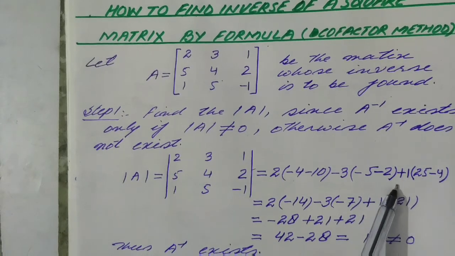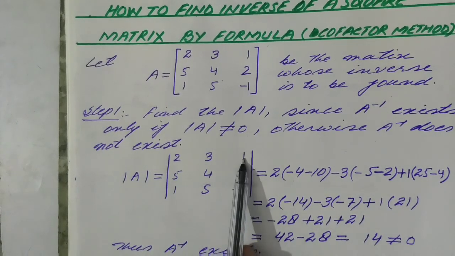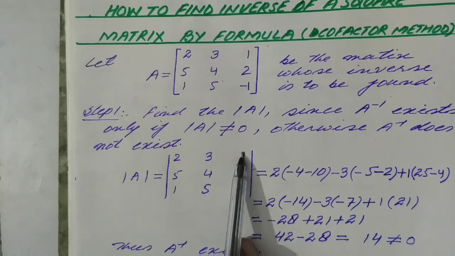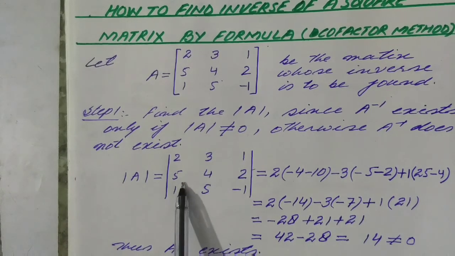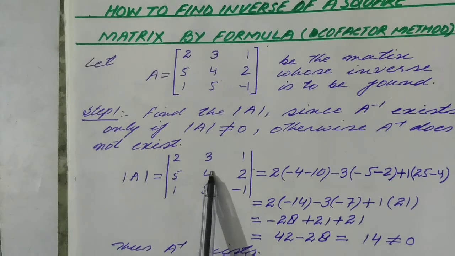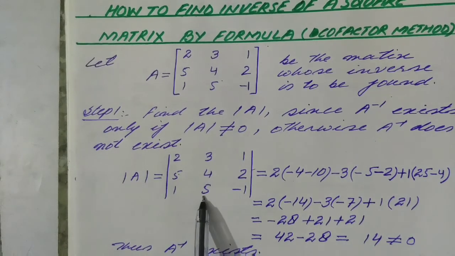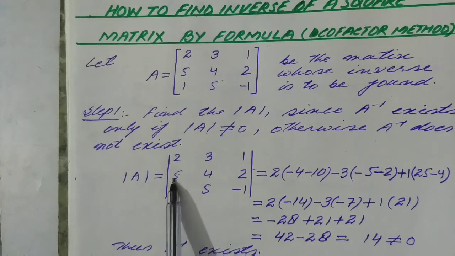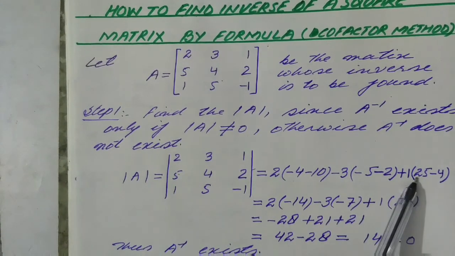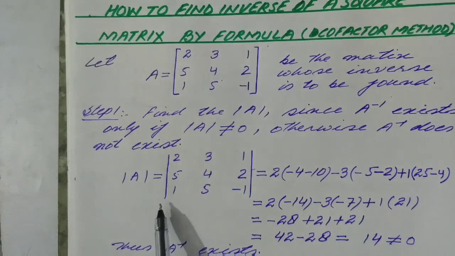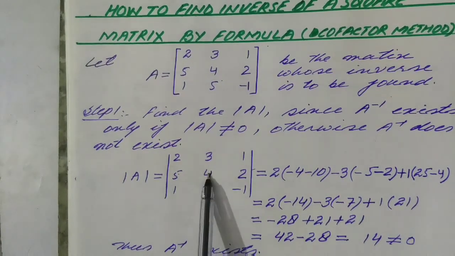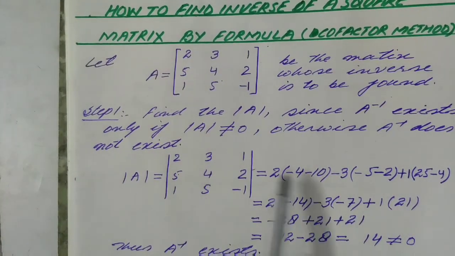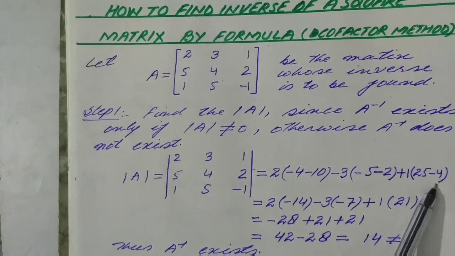Then we put a plus sign and the next element of the first row, that is 1, and its column and row are eliminated. These 4 elements are left. Then we take cross multiplication of these elements, 5 fives are 25. Then we put a minus sign. Then we take cross multiplication of 1 and 4, that is 4. So we get 25 minus 4.